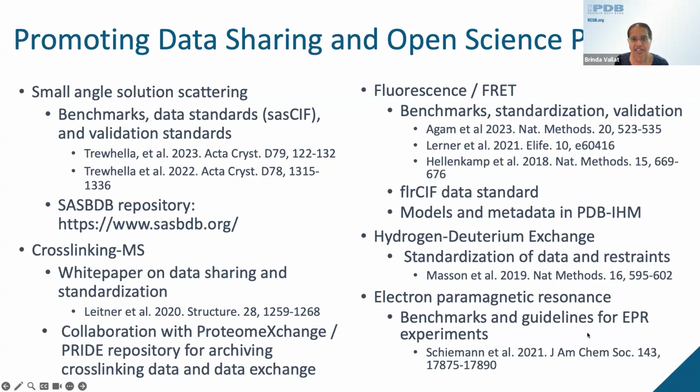As part of the PDB-IHM system development, we've collaborated extensively with the cross-linking community and the PRIDE repository for extending their data standards, archiving cross-linking data, and developing mechanisms for efficient data exchange.